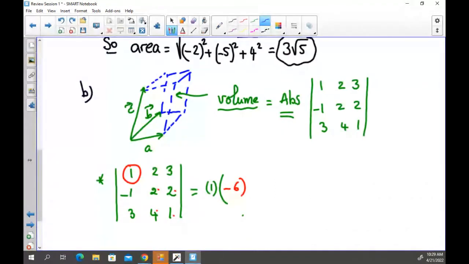And then minus 2 times, remember it's plus, minus, plus, etcetera. So minus 2 times this, which will give us -1, and this times this, which will give us 6. I think then it will be -7.